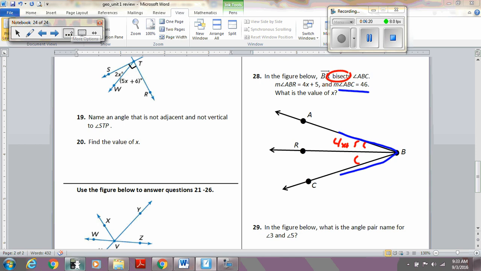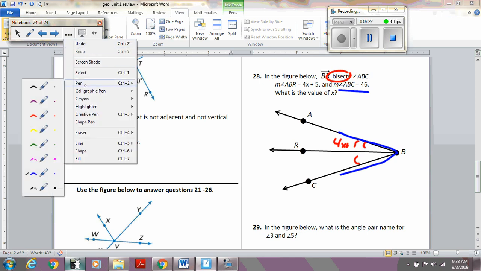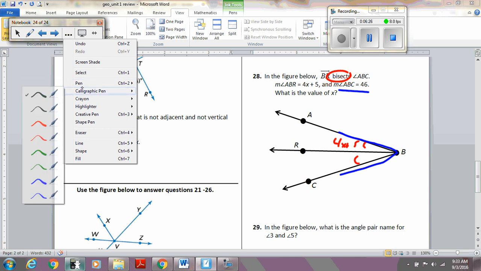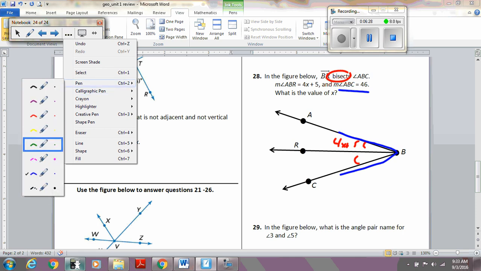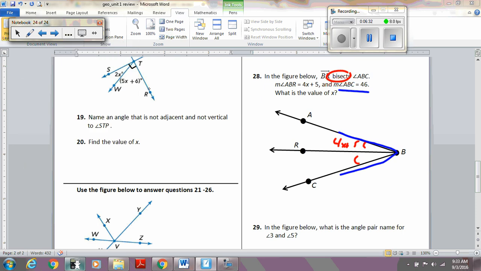So I know that the two little angles make up the much larger angle ABC. So what I'm saying is angle ABR plus angle CBR will make up angle ABC.